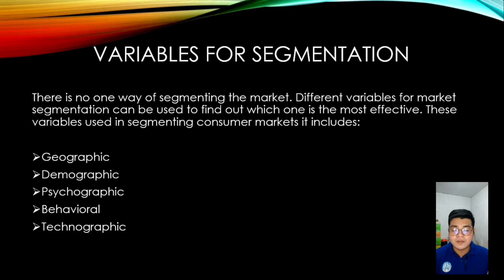Geographic segmentation divides the market into different geographic units such as nation, states, regions, counties, cities, neighborhoods, barangays, towns, etc. Some companies make a decision to strengthen a foothold on a certain geographic region, concentrating their resources in ensuring deep penetration of a specific geographic location.